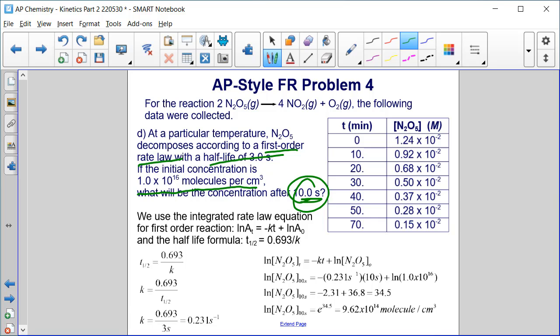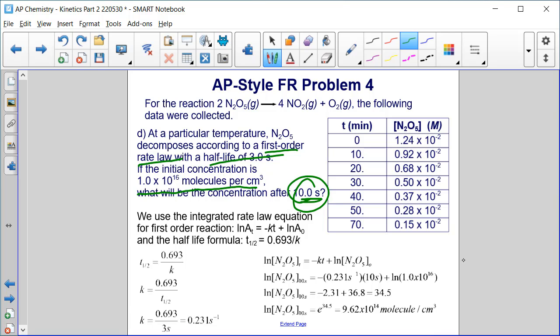So at time 10 seconds, we have negative k, which is 0.231 inverse seconds, times the time of 10 seconds, plus the natural log of the initial concentration of N2O5, which is given as 1 times 10 to the 16th molecules per centimeter cubed. Those units are fine.